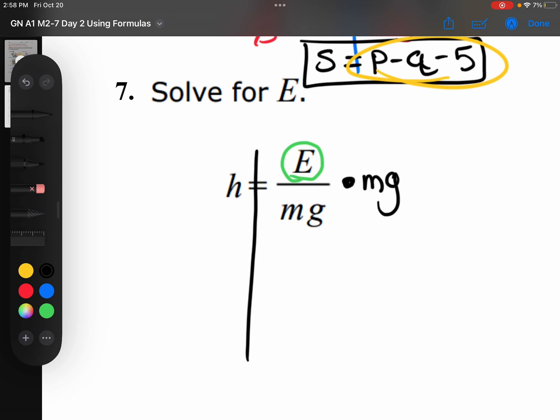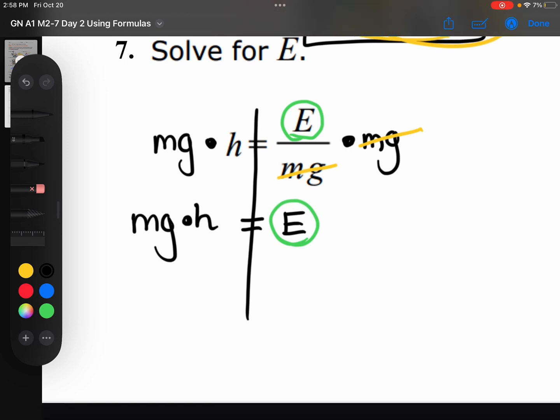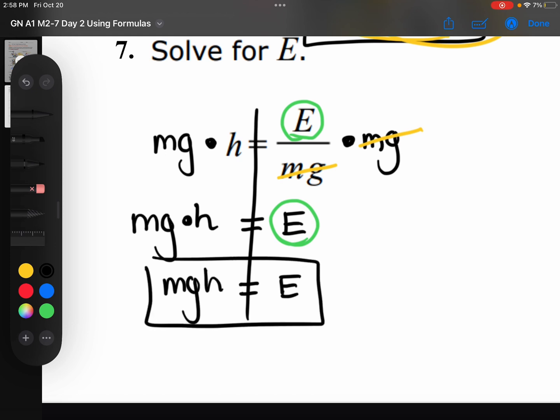So if I multiply by mg on the left side of my equation, I have to multiply the other side also by mg. Okay? So these are going to cancel out, and we are left with e, and e is equal to mg times h, which if you want to get rid of the times dot, it is the same thing as writing mgh. Okay, that is your answer for number 7.